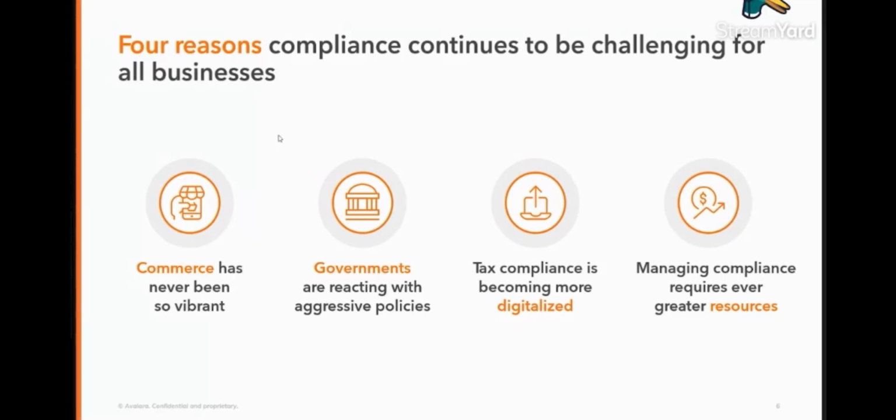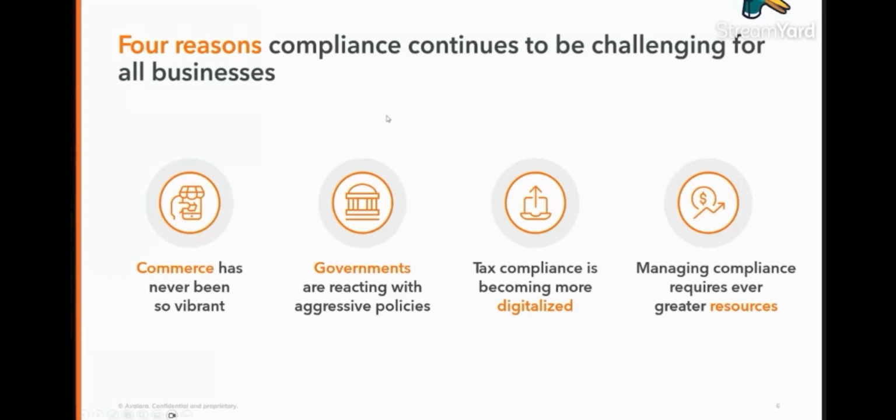Commerce has been happening all over the place, right? It's so much easier to sell to any place in the globe with recent developments. And of course, the government's adding more policies and more regulations attached to that. And with tax happening more online and digitally through invoices and electronic transfers, it makes it so much harder to make all this compliant. And that's really where Avalara is going to be able to help.